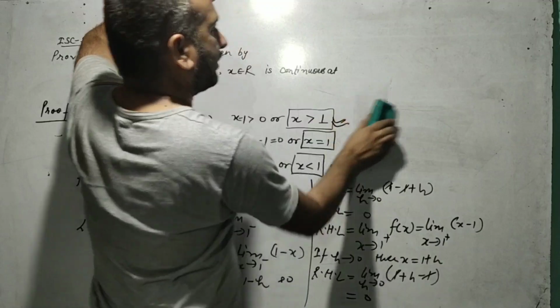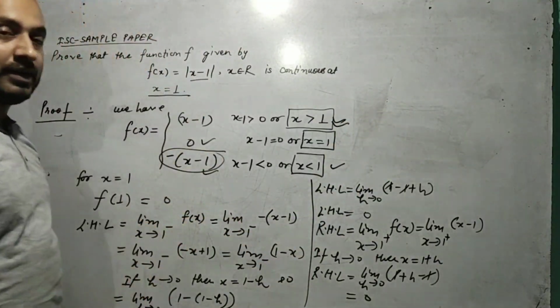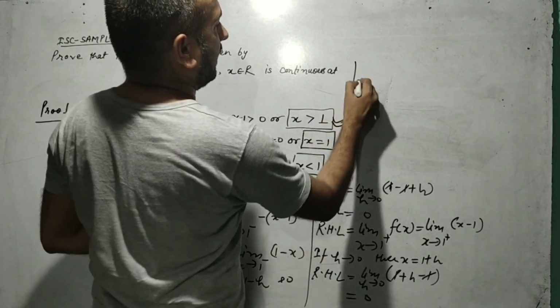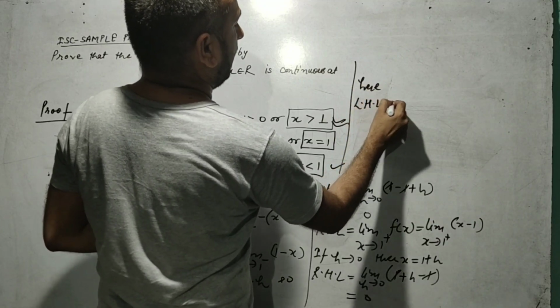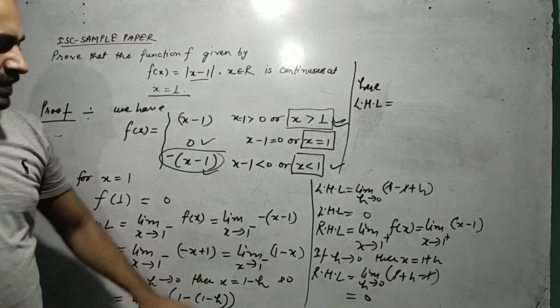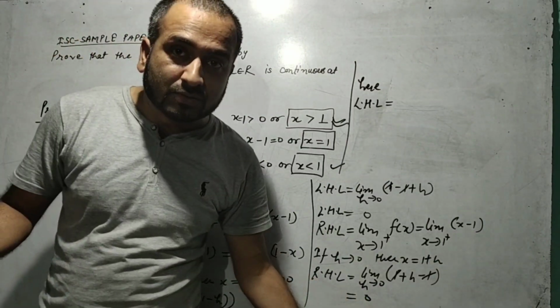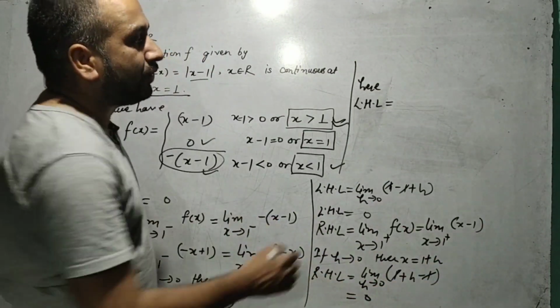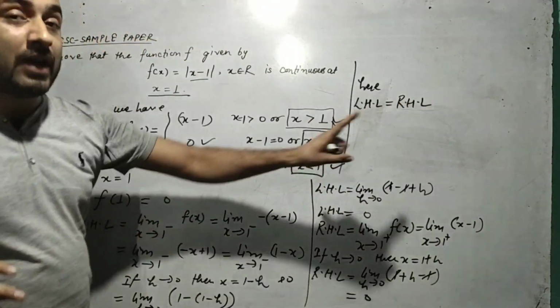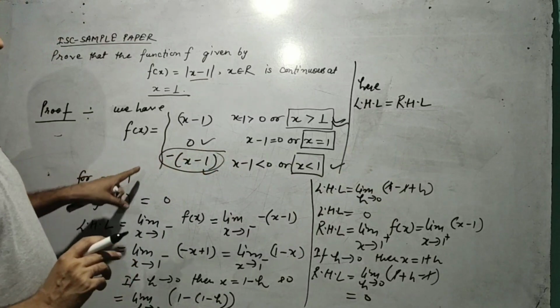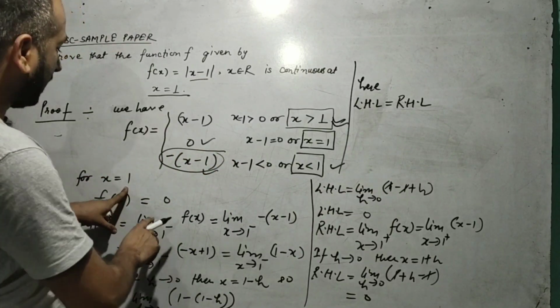So what have you learned here? What is the value of LHL? LHL is 0. And RHL is also 0. So LHL and RHL are both 0, which means both are equal. LHL is equal to RHL, and the value of the function at x equal to 1 is also 0.